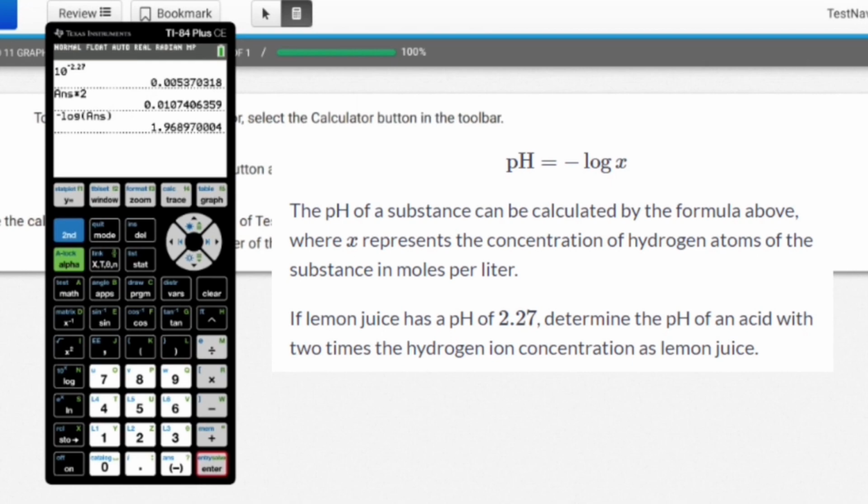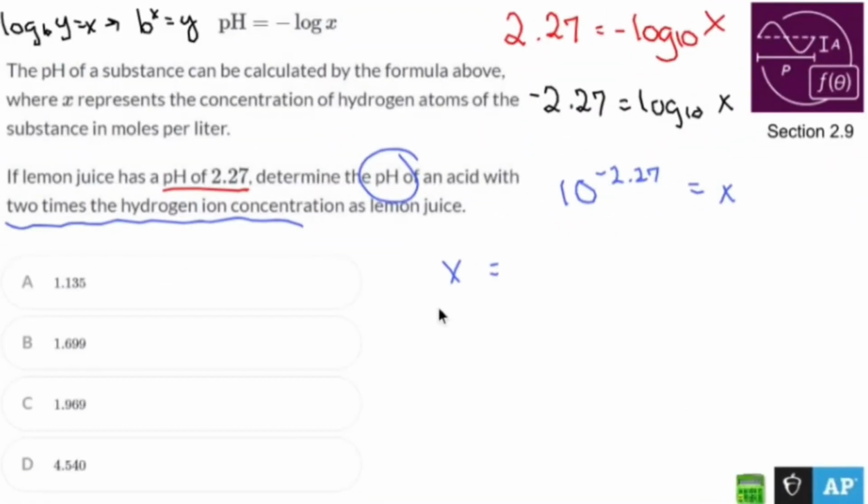Let me show you what that looks like back on the problem. In this case, x equals 0.00537. I multiplied that by 2 to give me 2 times the hydrogen atom concentration, and that gave me 0.01074.